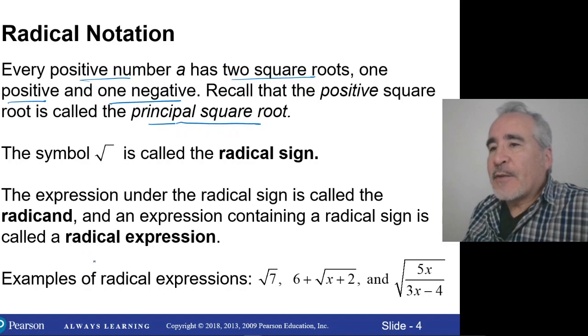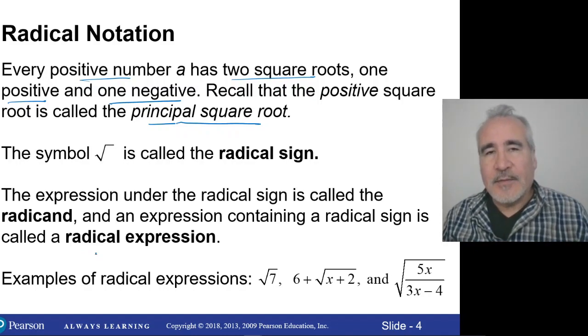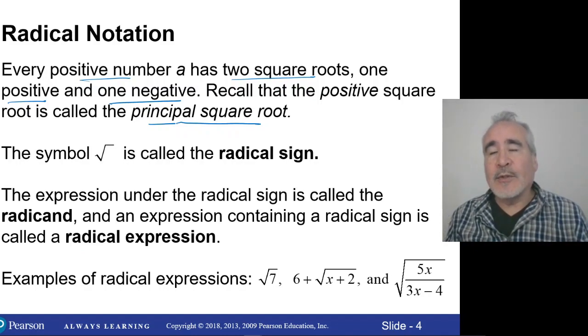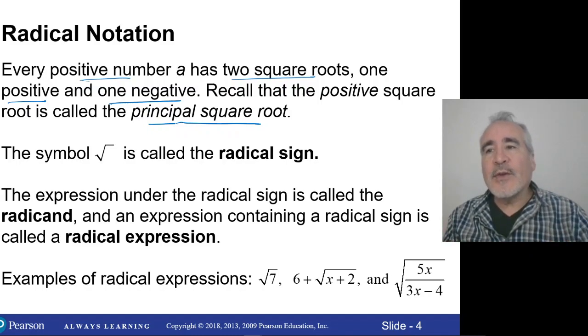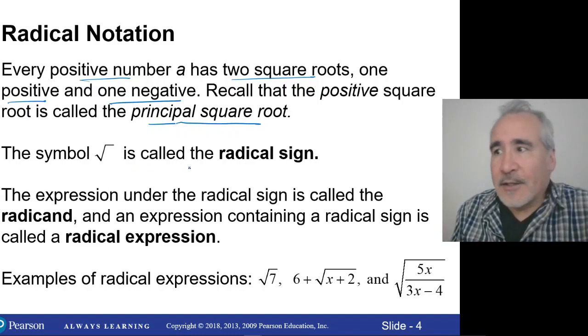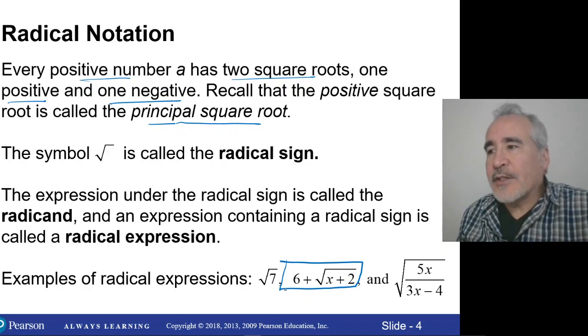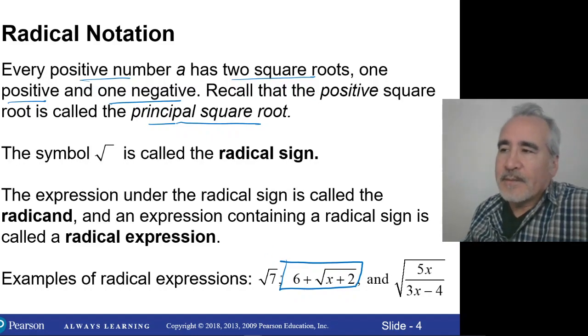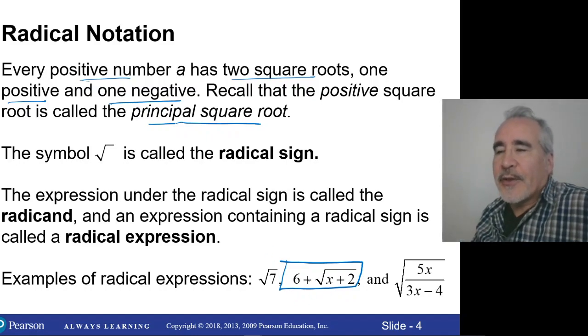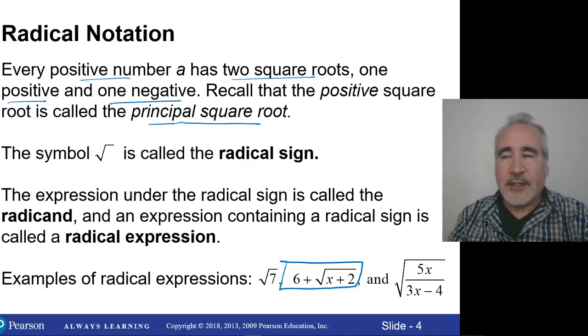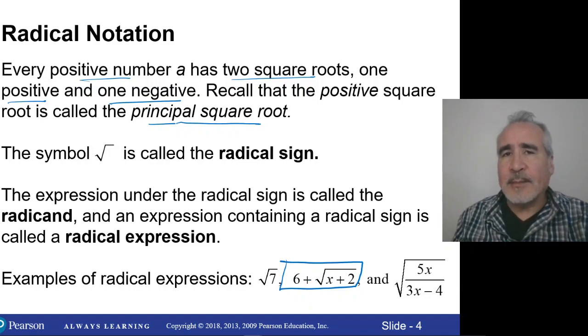And whenever we have an expression, so it's not an equation yet, there's no equals, but we have something with a radical, we just call it a radical expression. So like here, 6 plus the square root of x plus 2. It's got a radical part in it, and also a non-radical part, but that's okay. We still call the whole thing a radical expression. So just some examples there.